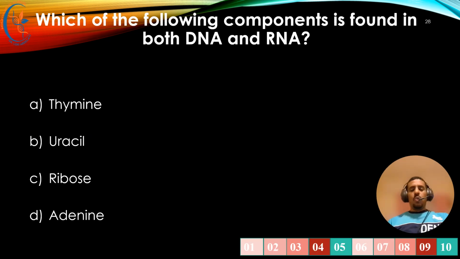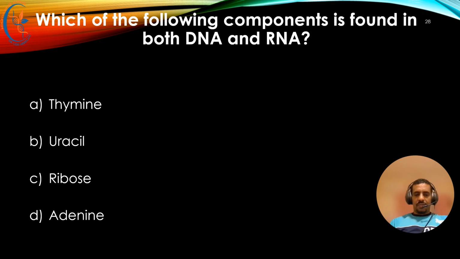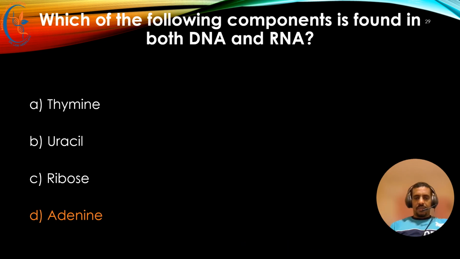All right. Which of the following components is found in both DNA and RNA? I think this is a simple question. 10 seconds. Actually, the component found in both DNA and RNA is adenine.